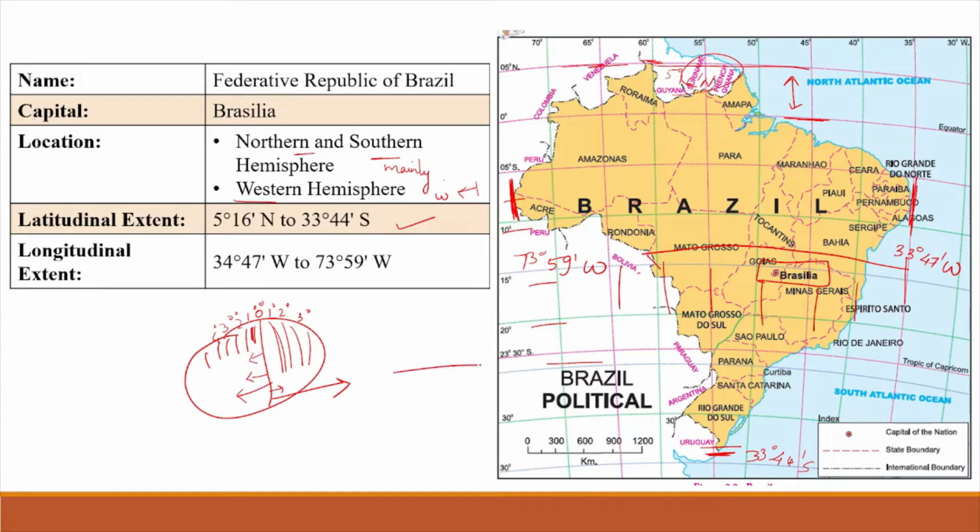So this is the longitudinal extent, meaning how many longitudes lie between or pass through the country, and this will be the latitudinal extent, meaning how many latitudes pass or lie within the country. Alright.